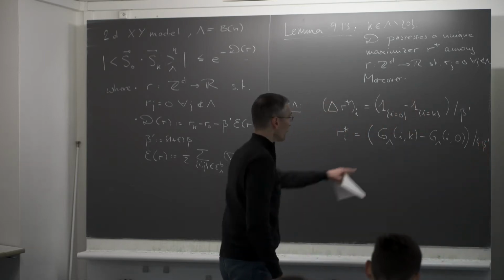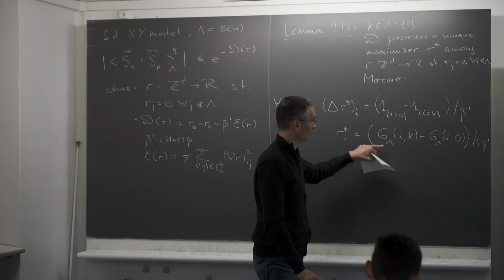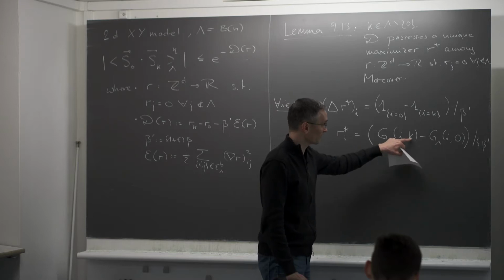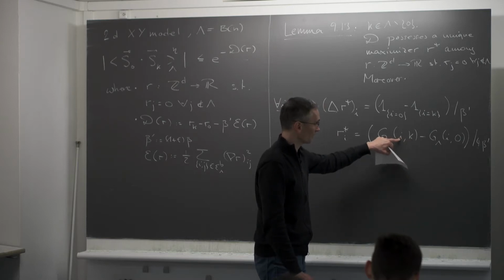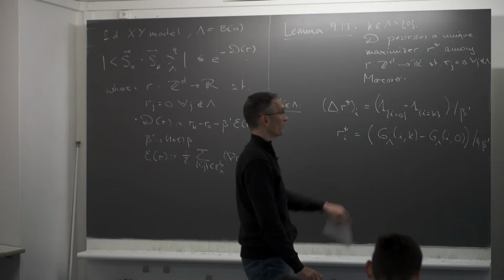Okay. Where G lambda ik is the green function of the simple random walk, so it's the expected number of visits to vertex k starting from vertex i before exiting the box lambda.